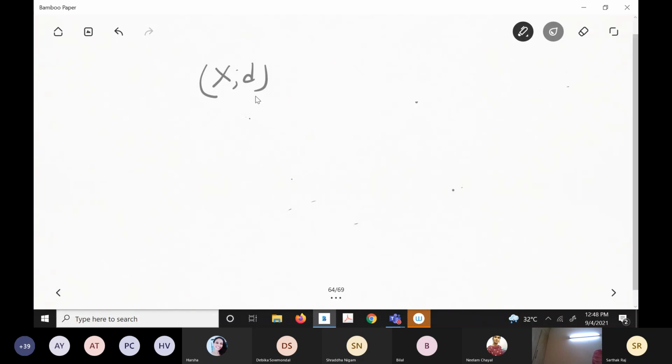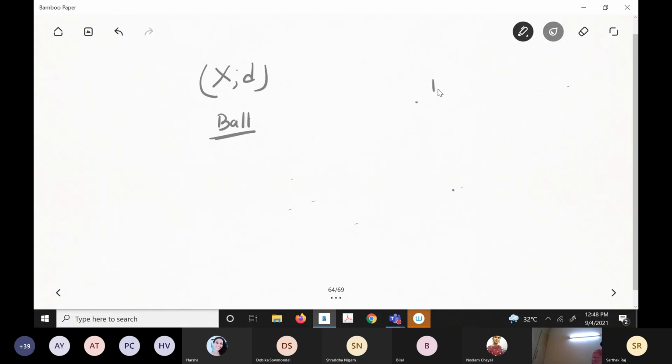And you should know what conditions d satisfies. Now look here. I want to define a ball, and open sets will come later. How do you define a ball?